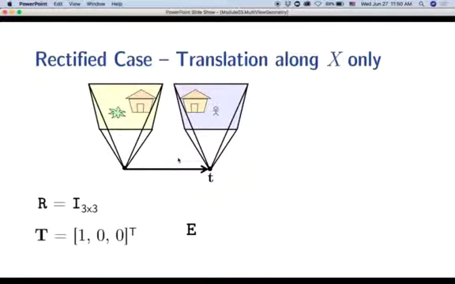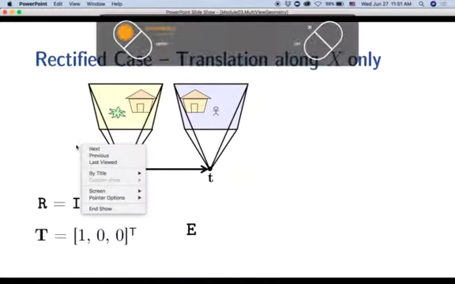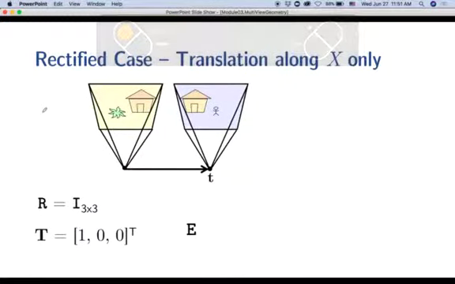All right. So just as an example, think about a simple case where the camera has only translated along the x direction. The axes are like this: there's x, there's y, and then the depth axis is z.